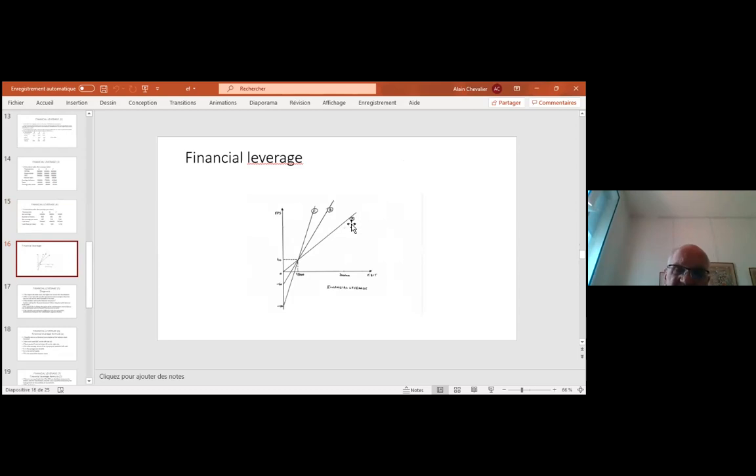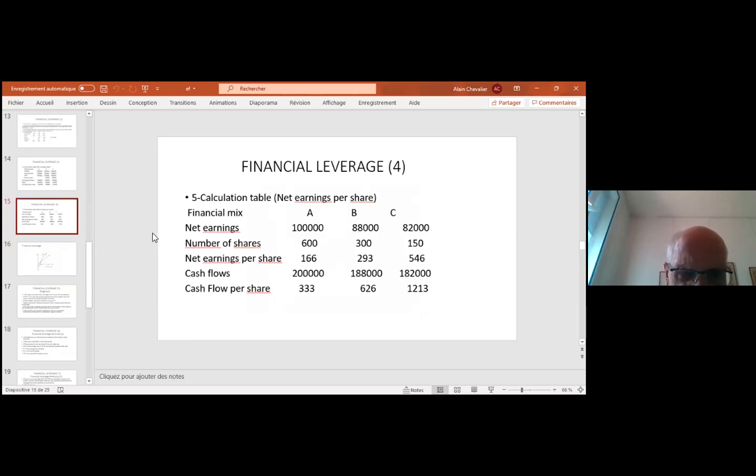So what you have done for the first financial mix here, you can do it for the second one. It means for B, which is 50% debt, 50% equity, you already know one point, which is for 200,000 level of EBIT, you have 293.